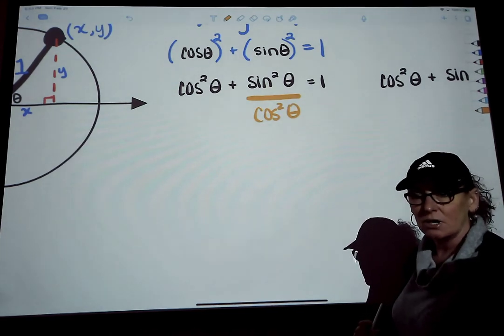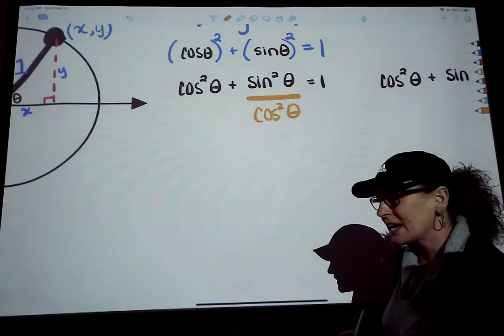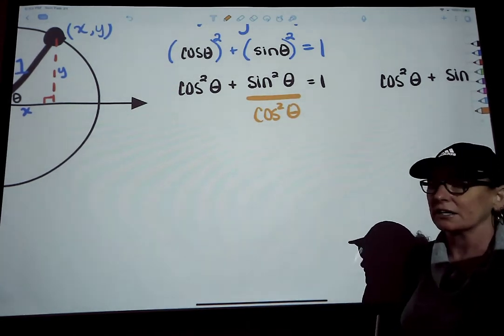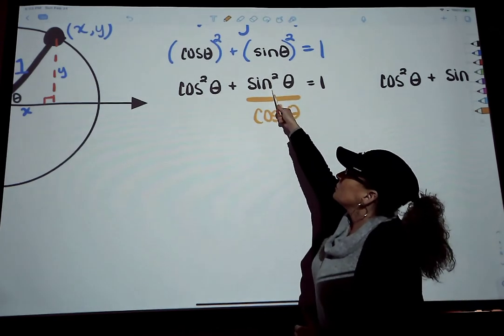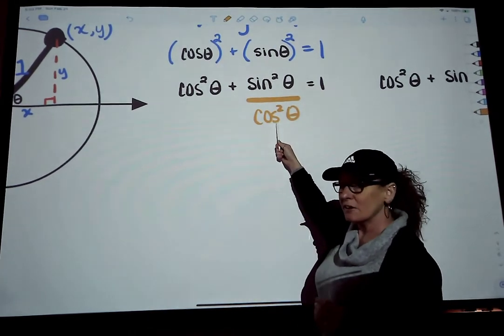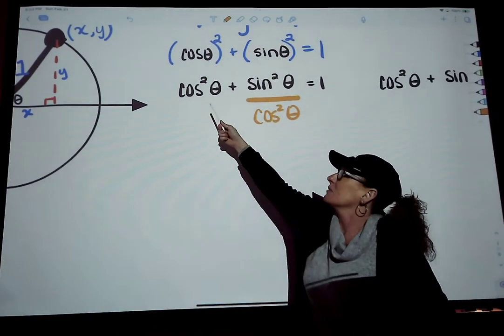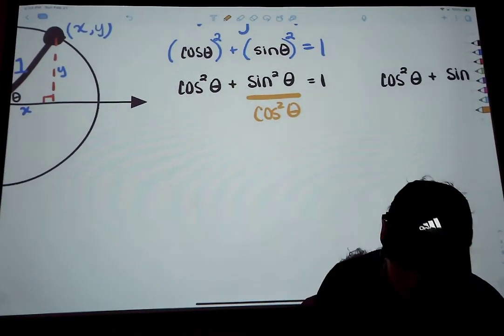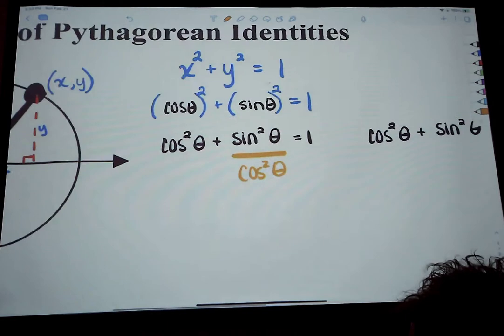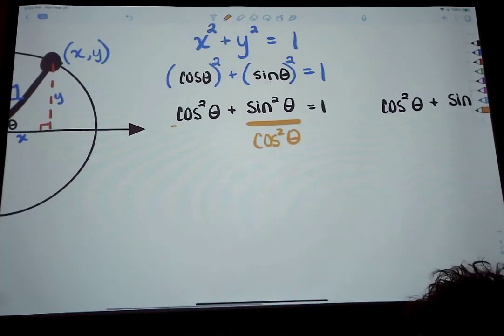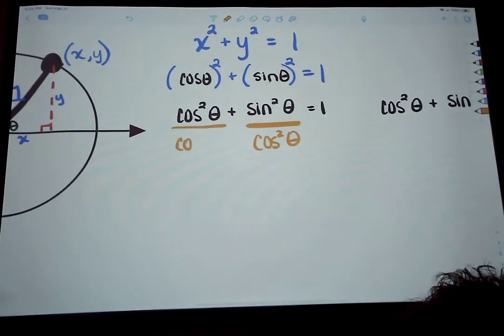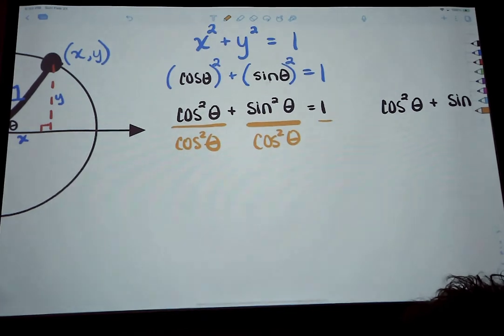Is that legal? Well, simply dividing that term by cosine squared is not legal. Now, sine squared divided by cosine squared does give me tangent squared, but if I'm going to divide this by cosine squared, I have to divide everything by cosine squared. So I'll do that one, and that one, and that one.